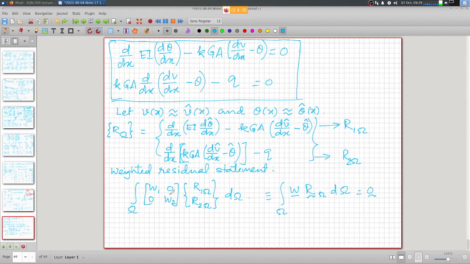So together, it boils down to what we are familiar with, a single equation at one time, integrated over the domain. Right, so you are familiar with this statement.